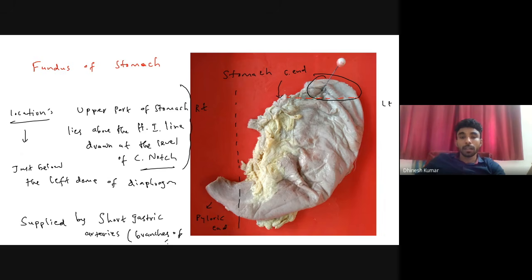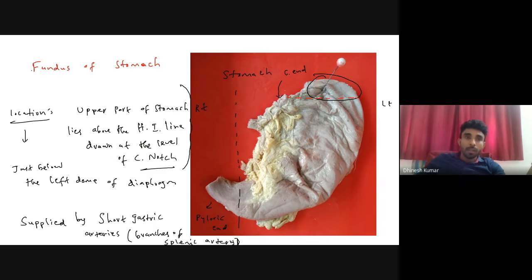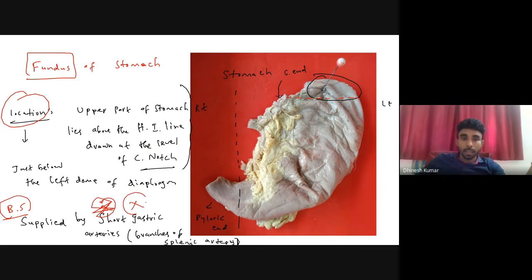So this is the subquestion for the fundus of stomach. It may be location or it may be blood supply or arterial supply.